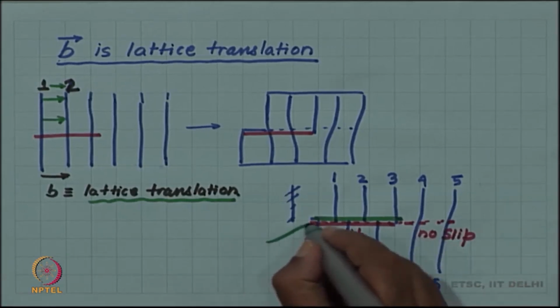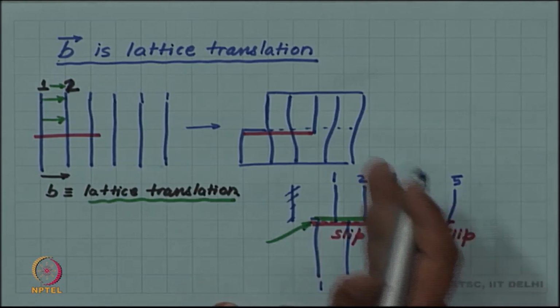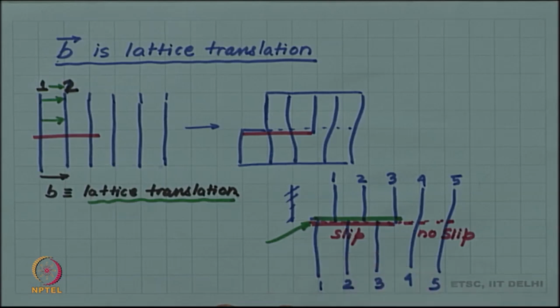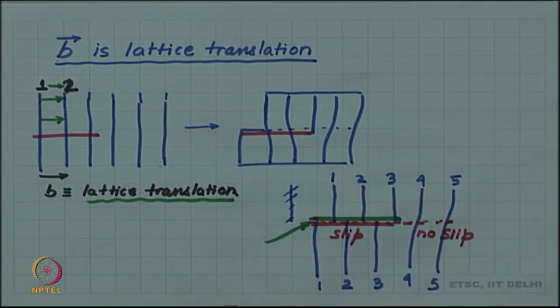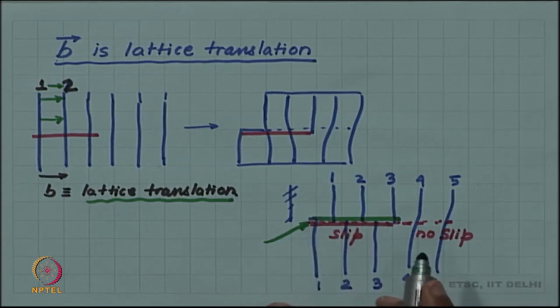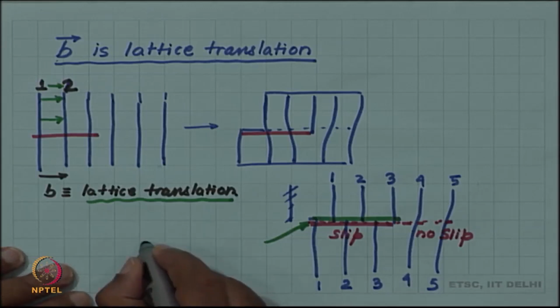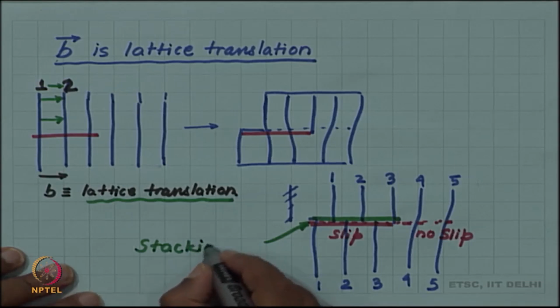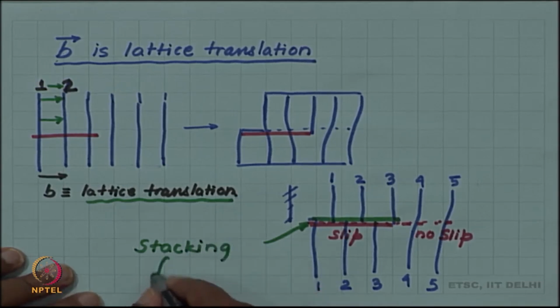What I have created, you can see, is that the 1, 2, 3 on the top is displaced with respect to the 1, 2, 3 below, and the connectivity is breaking at this green plane. So, this entire green plane has created what is called, and we will study in a little more detail later, a stacking fault.